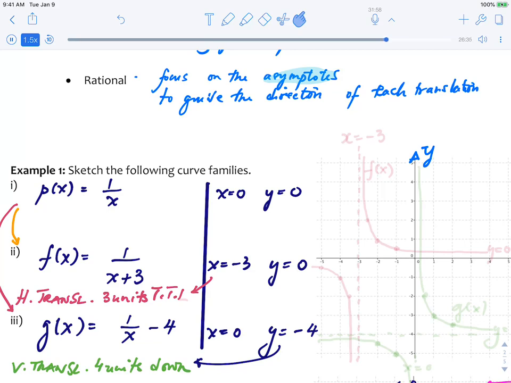Should I take it up, or is everybody being successful? For g of x, we go from the x into the function. What is the expression? 1 over x minus 4. Is anything happening horizontally? No. But do you move the parent function, or do you go from the parent? From the parent. So you always compare things to the parent.